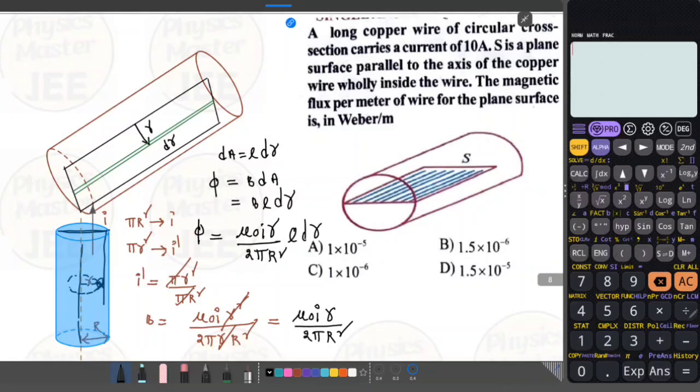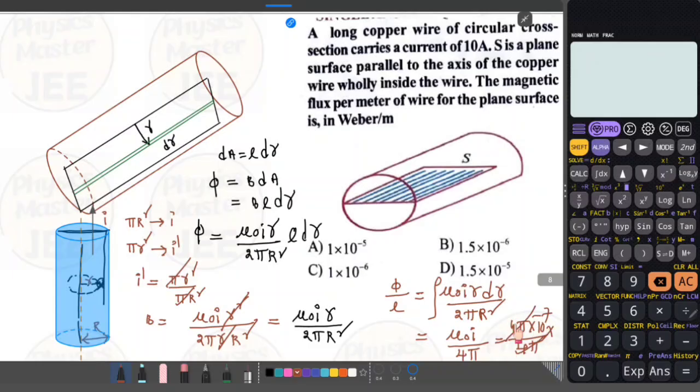We need to find the flux per length, so bringing this L to this side, φ by L is equal to μ0 into I R dr by 2πr². Here r is changing from here to here, from r to capital R. So if you do this calculation, we will get μ0I by 4π. μ0 can be written as 4π into 10⁻⁷, so the 4π cancels, and I is 10.